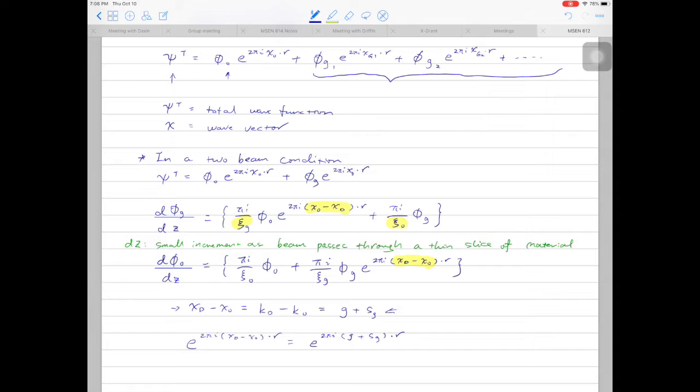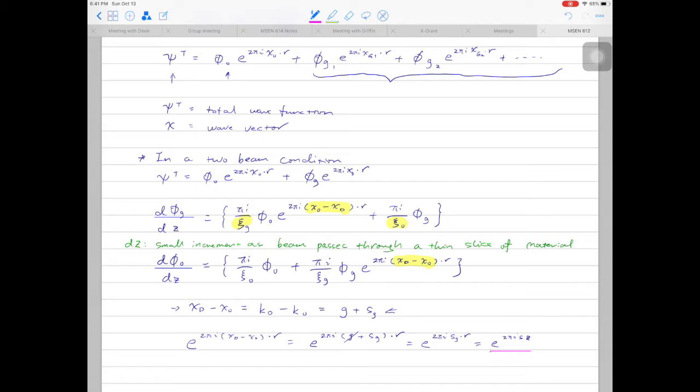Since g and r are perpendicular to each other, g dot r will be equal to 0. We can cross this out. We will have e to the power 2 pi i sg dot r. This can be further simplified as e to the power of 2 pi i sz.